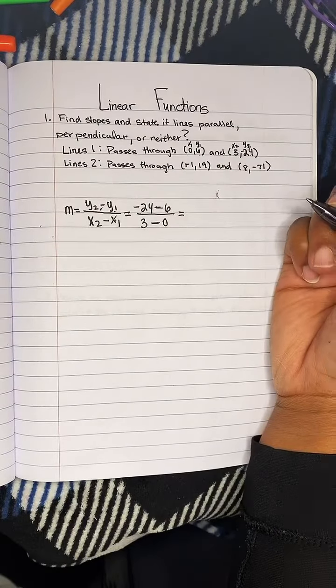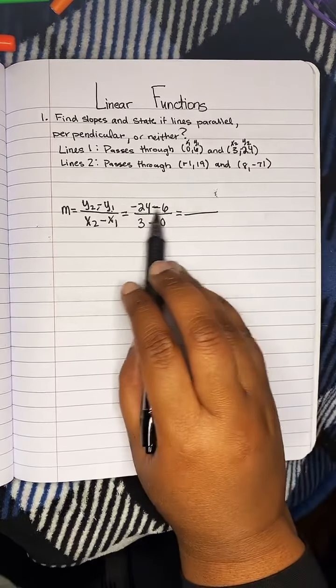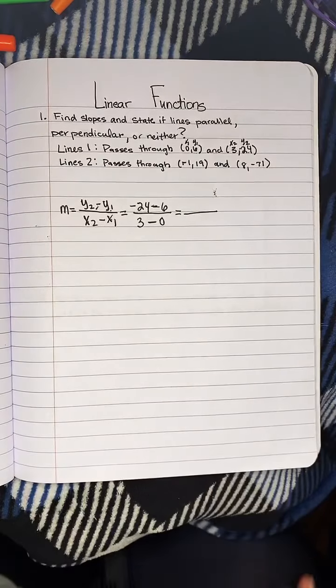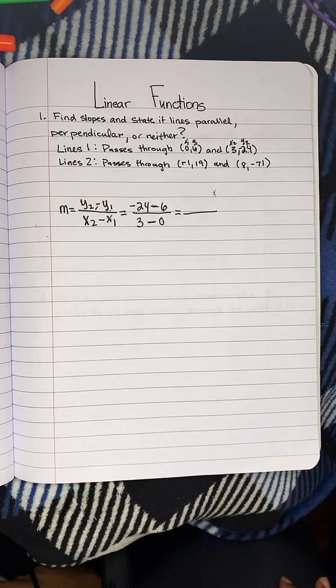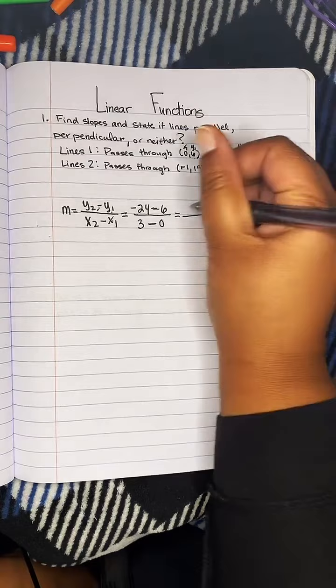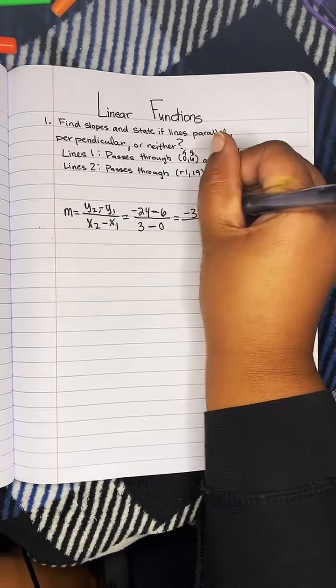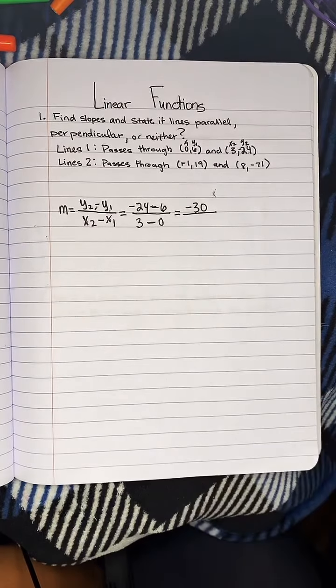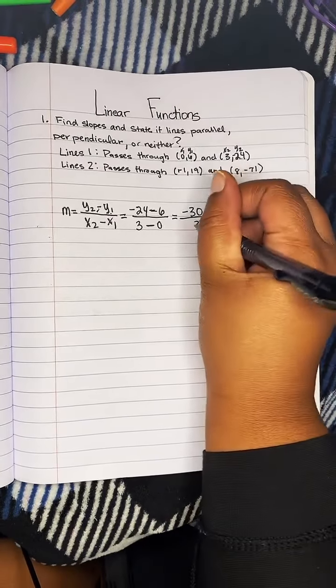Perfect. All right. Can somebody tell me what we get on the top here? What's negative 24 minus 6? What do you say? Negative 30. Raven, Julian, yes. Thank you, Savage, for the rose. So we get negative 30. Good. And then what's 3 minus 0? 3 minus 0 is 3.